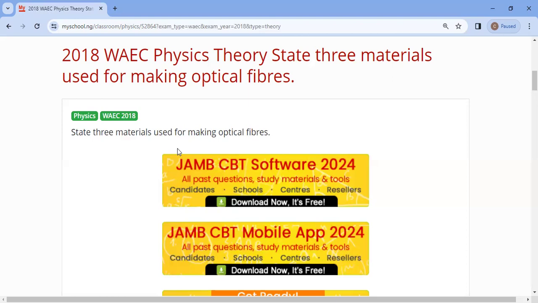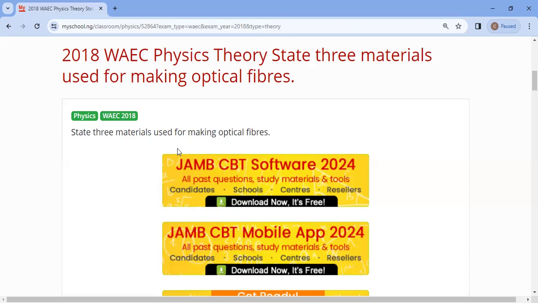Then in the industry, it is used as a light guide for lasers.